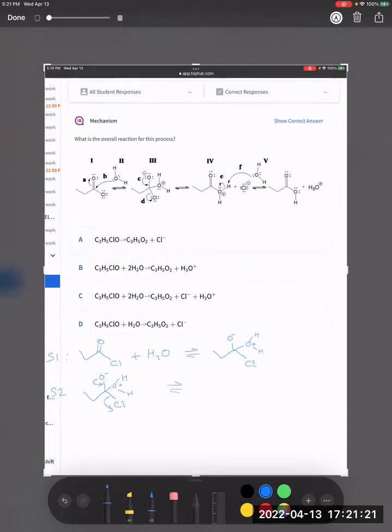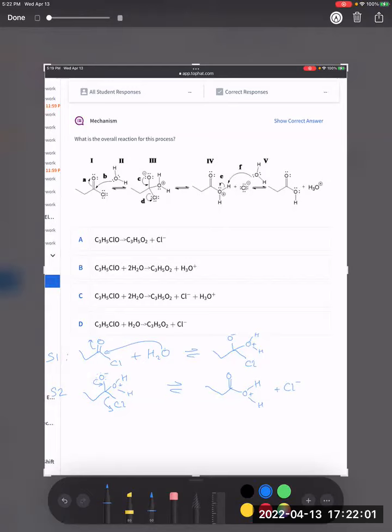Okay, when that happens, you're going to get a carbon oxygen double bond. And then chlorine leaves, and to this we still have this H2O attached. And you get the previous step as well. And then Cl minus would be a product of the second step as well.